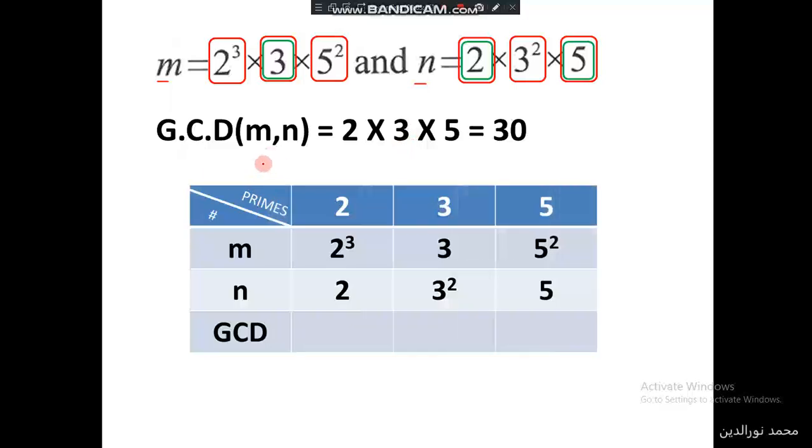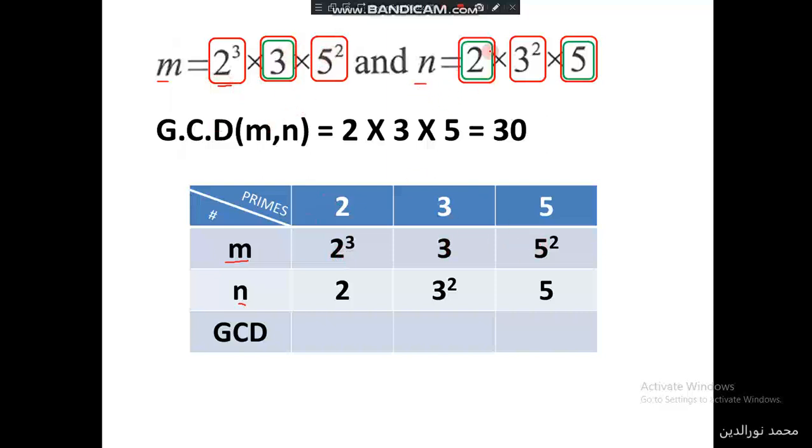I advise you to draw this table and put the numbers M and N, and then put all the different primes that appear in the decomposition of M and N. Here we have 2, 3, 5, 2, 3, 5, so the primes are 2, 3, 5. For M, the primes are 2 to the power 3, 3 to the power 1, and 5 squared.